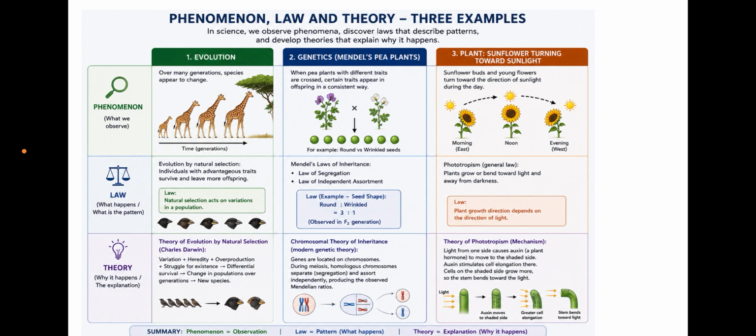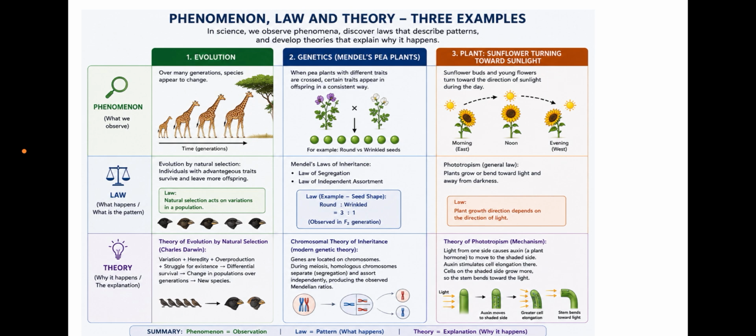Those organisms reproduce again and again, and their population becomes larger. That is how they survive and even become a new species. That is explained by the theory of evolution, or theory of natural selection.